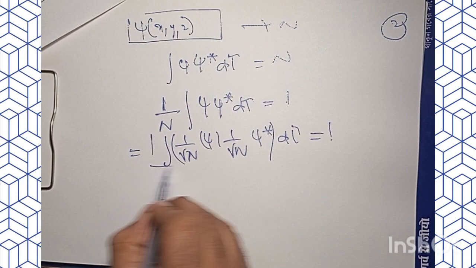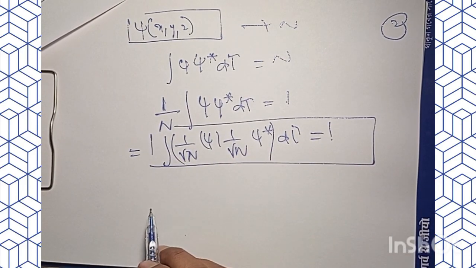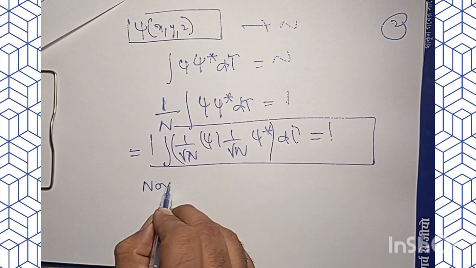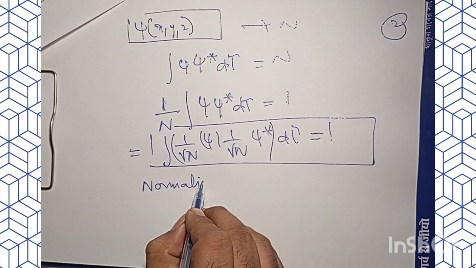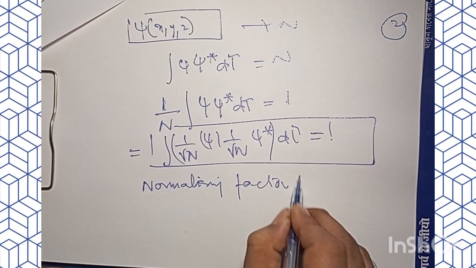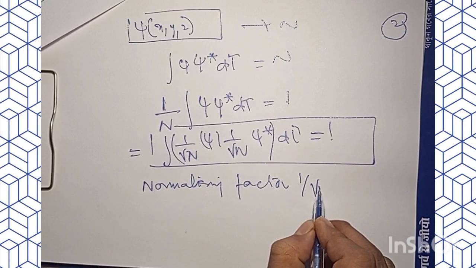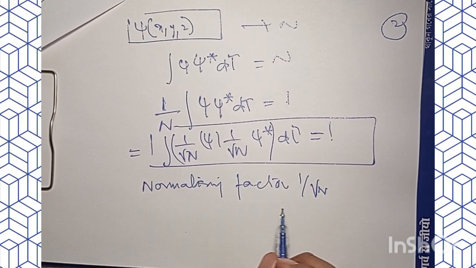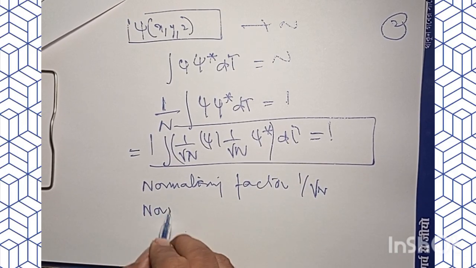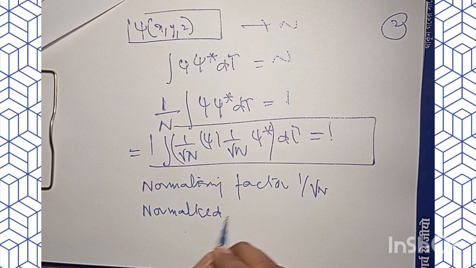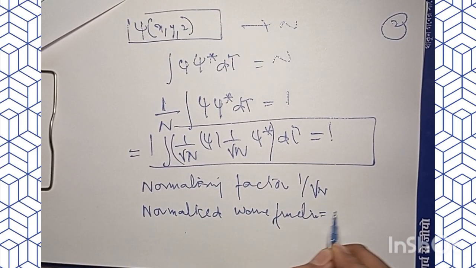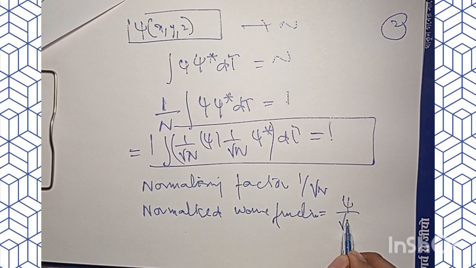So I have got the normalizing factor, which in my case is 1 by under root of N, and I have the normalized wave function, which is psi by under root of N.